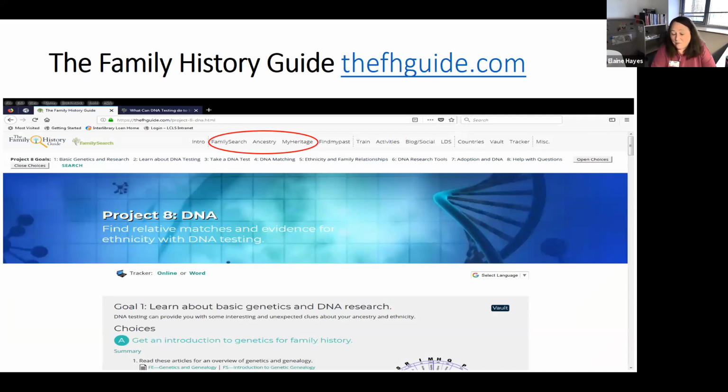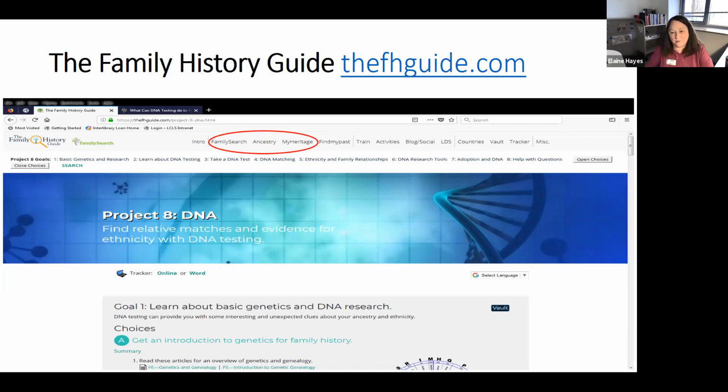You can find out more about DNA genealogy at places like the FH Guide, which is the familyhistoryguide.com. Up at the top, you can search FamilySearch, Ancestry, MyHeritage. I went to a DNA project and to learn more about the basics of genetics and DNA research.